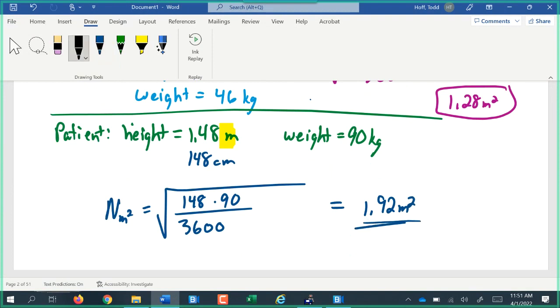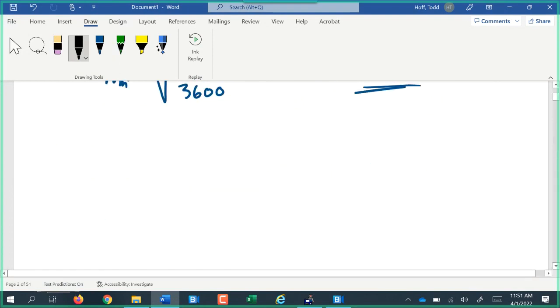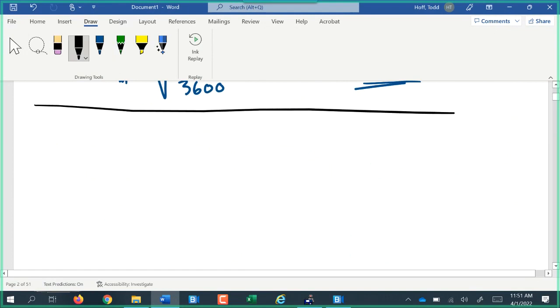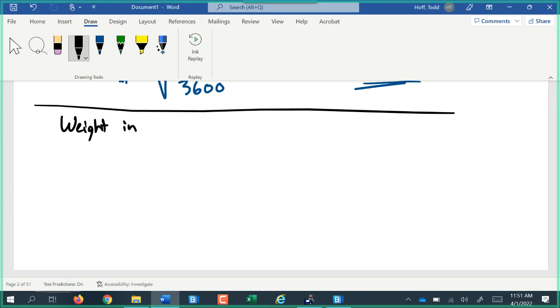Well, our second formula, or second version of this formula, is if our weight is in pounds and our height is in inches.